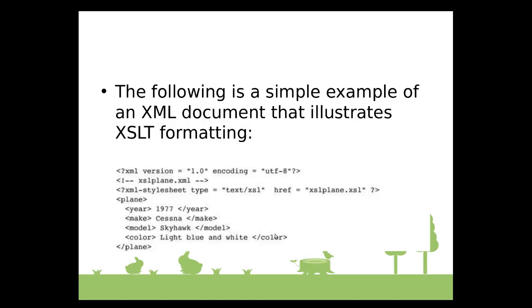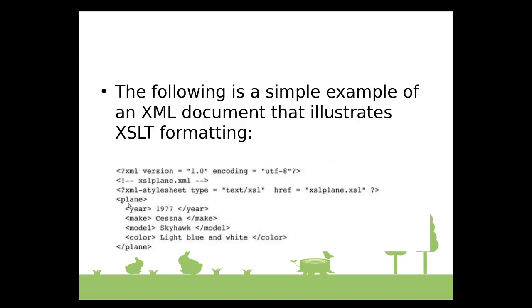So this is an example of an XML document that illustrates this XSLT formatting. You can see that instruction here, xml-stylesheet, type and href is xslplain.xsl, that is the name of the style sheet file, and this is the content of that XML document.